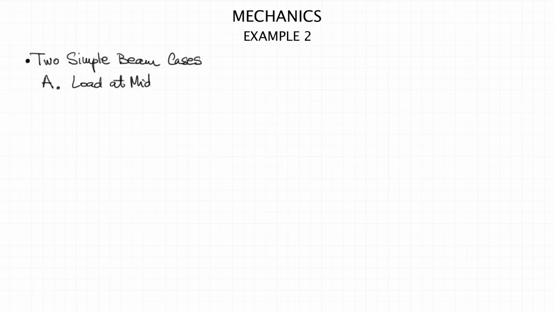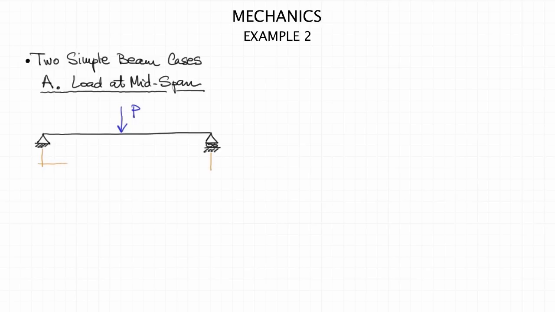So the first case would be for a simply supported beam, which has a point load, a concentrated load, located at its midspan, so at the middle of the beam. So in this case, this would be the load at the middle. Let's say it has a magnitude of P, and it is located at half of the span from either end.